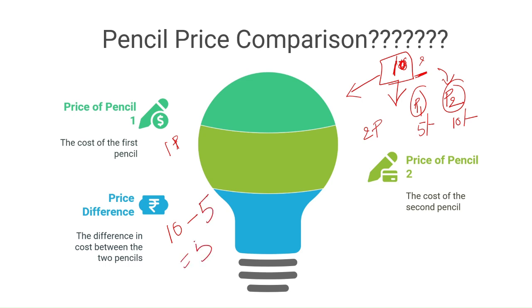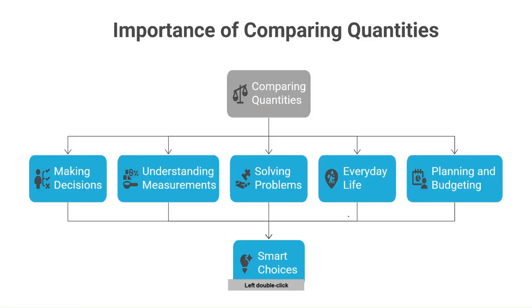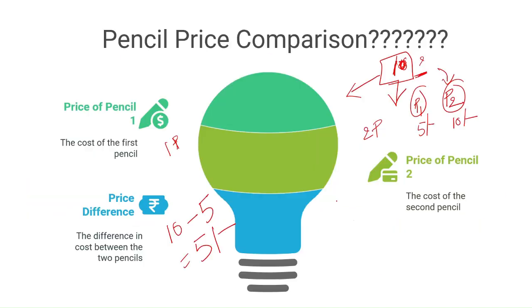So I have another 5 rupees. If you are a smart kid, you can also come up with another option like, okay, with the money which I have, I will buy one pencil with 5 rupees, and then with the remaining 5 rupees I can buy a chocolate. This is what I used to do in my childhood. So you can apply the same logic. Now you got the main idea behind how the comparison will help you.